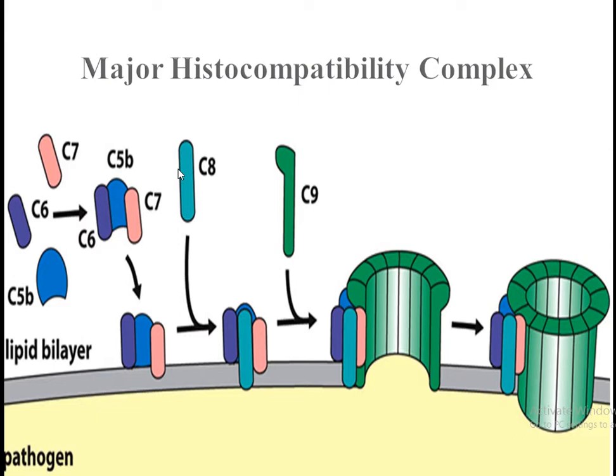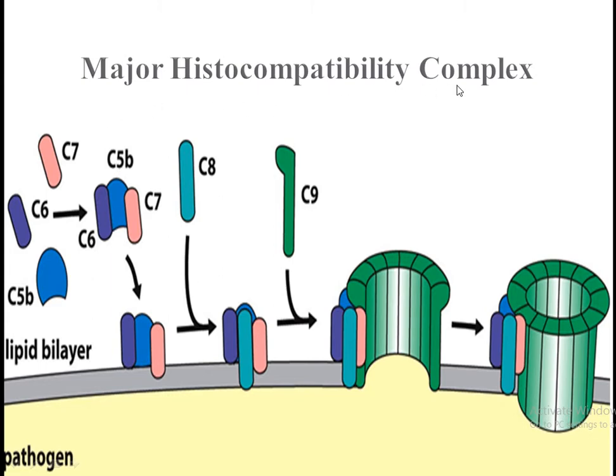You can see different types of proteins, different complement system proteins. They combine to form C5b, C6, C7. Firstly they combine, then C8 comes in contact with that, and finally C9 combines. All these combine to form the major histocompatibility complex.